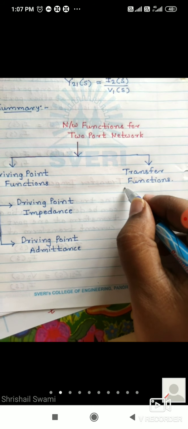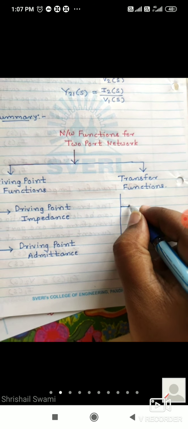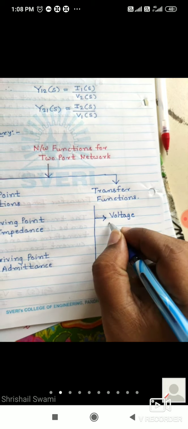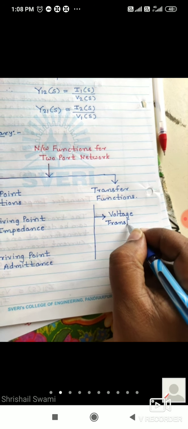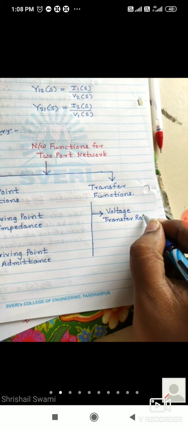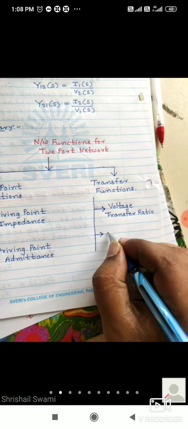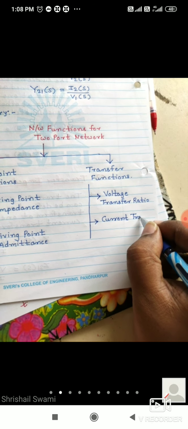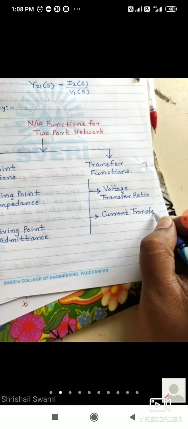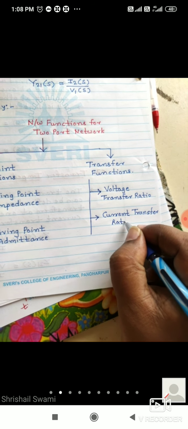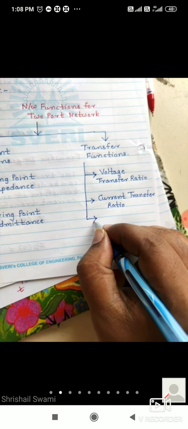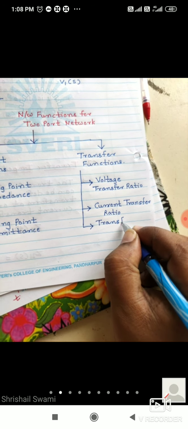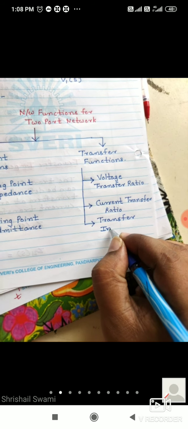Okay, so here there will be the four. So first one is voltage transfer ratio. Second one will be current transfer ratio. Next, third will be transfer impedance.